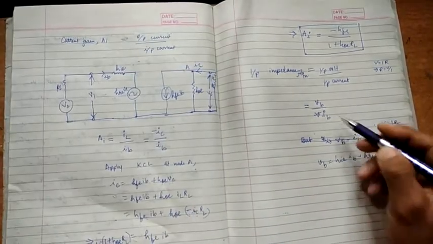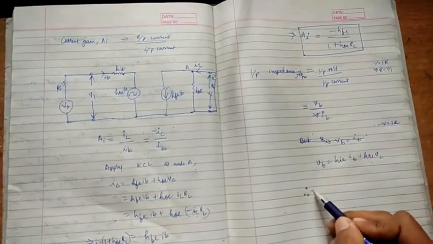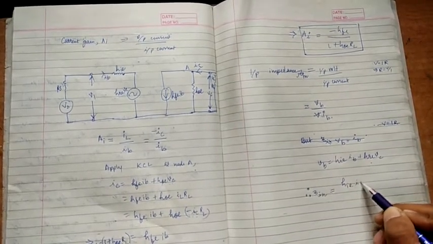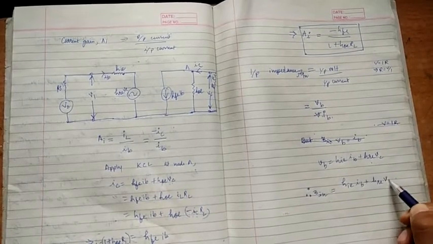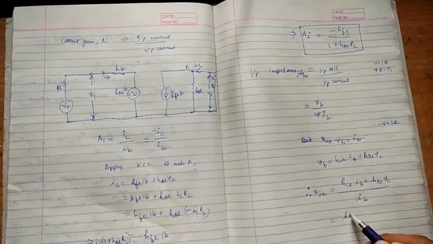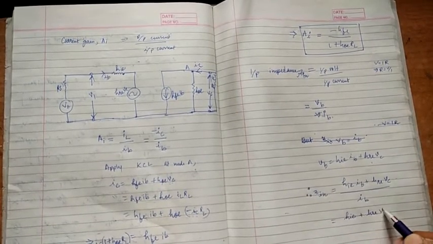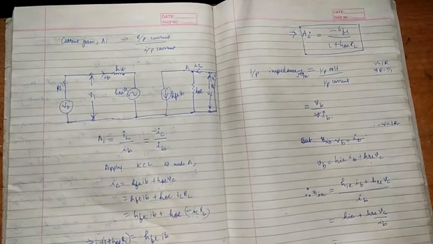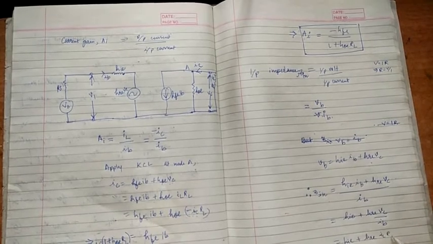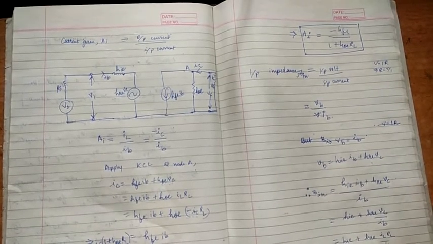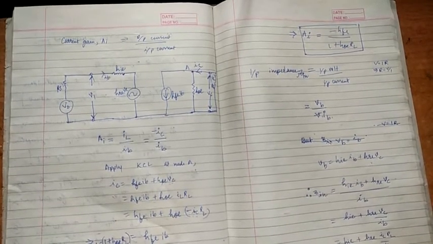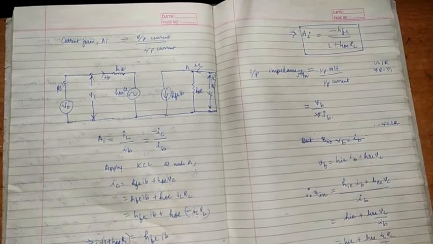So if we substitute this equation here, then Zin becomes HIE IB plus HRE VC divided by IB, equal to HIE plus HRE VC by IB. What is VC? VC is equal to IL RL by IB. What is IL? This is minus IC RL by IB.